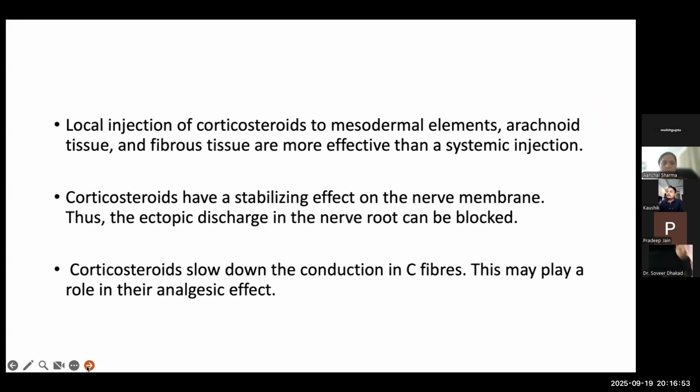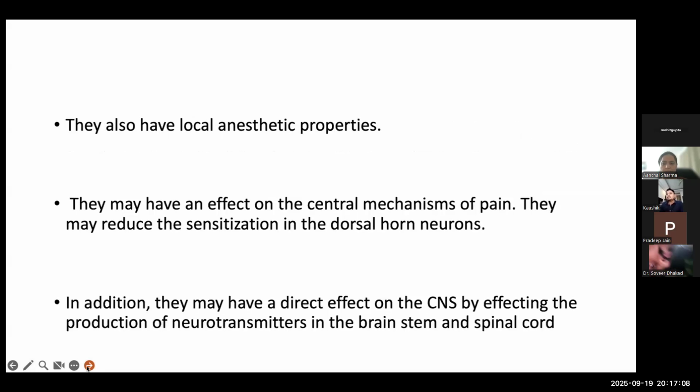Apart from this, they have a stabilizing effect on the nerve membrane, and they have also been seen to slow down conduction in C fibers. This may play a role in the analgesic effect. They have also been found to have some effect on the central mechanisms of pain, thereby reducing sensitization in the dorsal horn neurons. In addition, they may have a direct effect on the CNS by reducing the release of neurotransmitters.